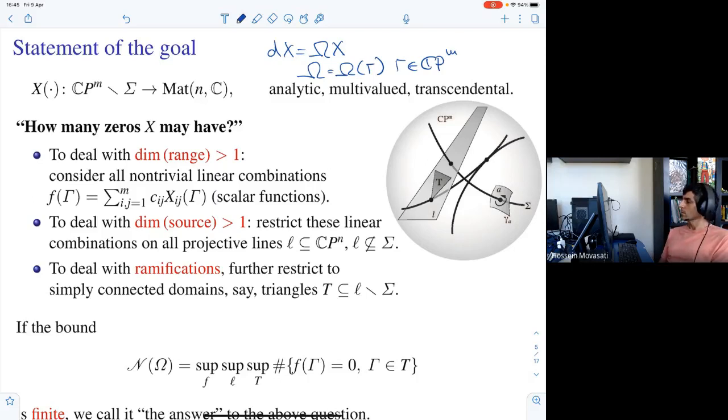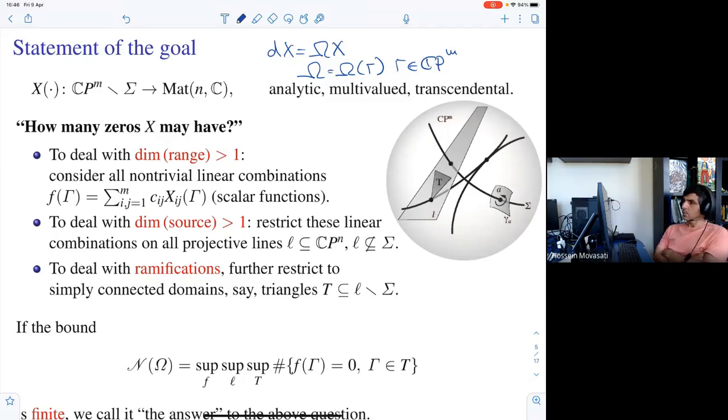But what does it mean to count zeros? You can count zeros of a scalar function of one variable, unless the number of zeros is infinite. Here it is a different situation. First, we have not one function, but d squared of them. We have not one independent variable, but a whole bunch of them. We have the projective space.